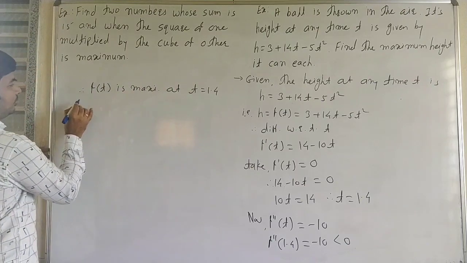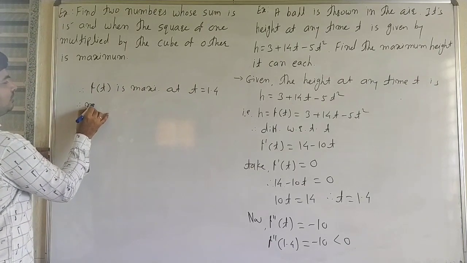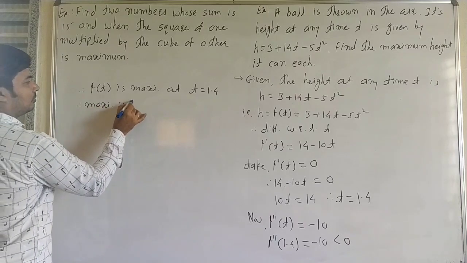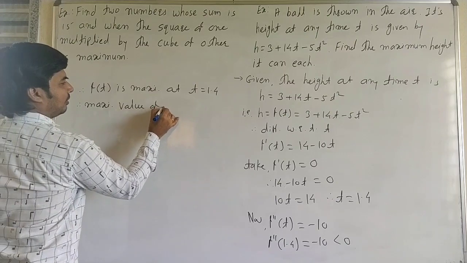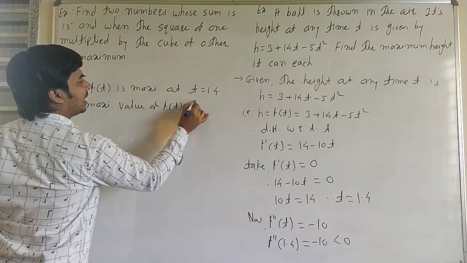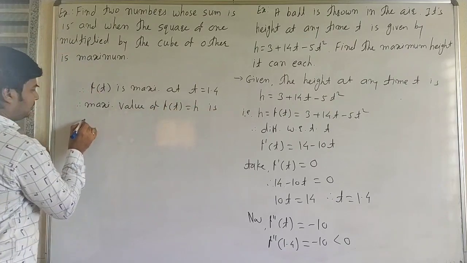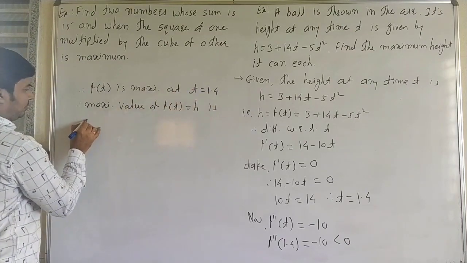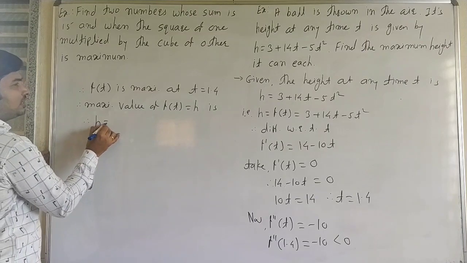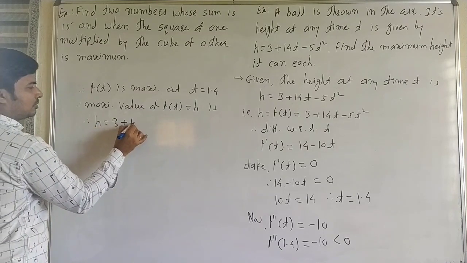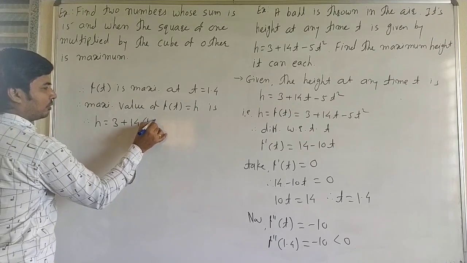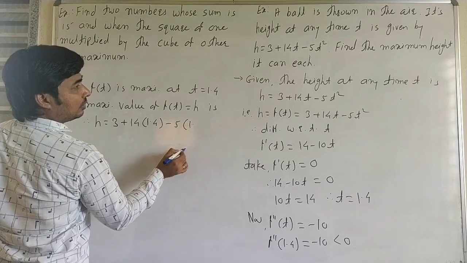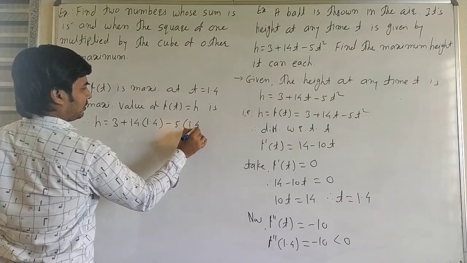Therefore the maximum value of f of t, that is the height, is h at t is equal to 1.4. Therefore h is equal to 3 plus 14 into 1.4 minus 5 into 1.4 square.